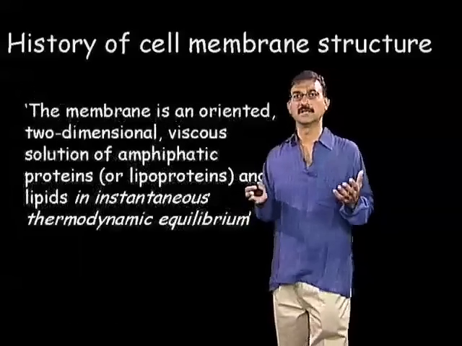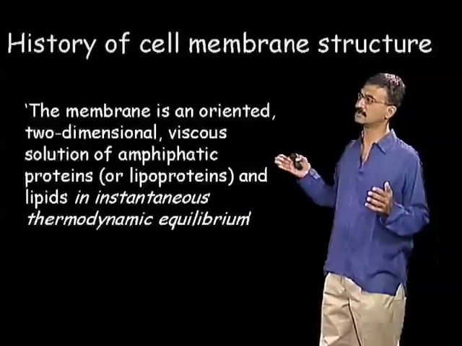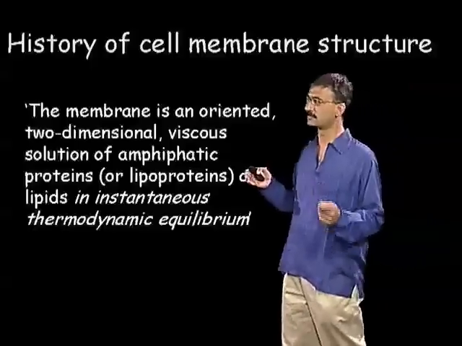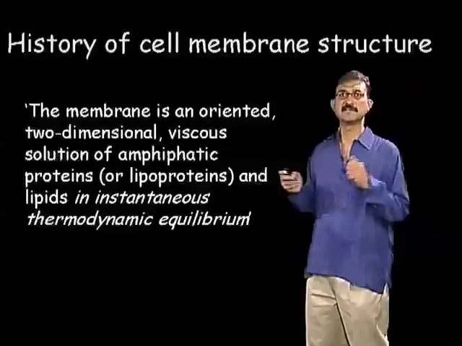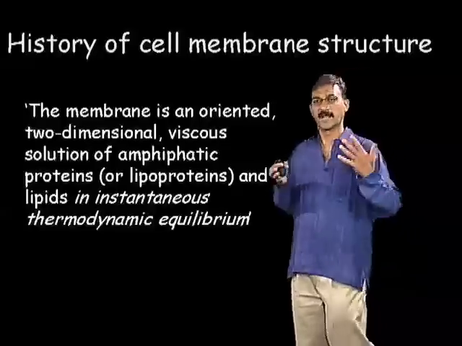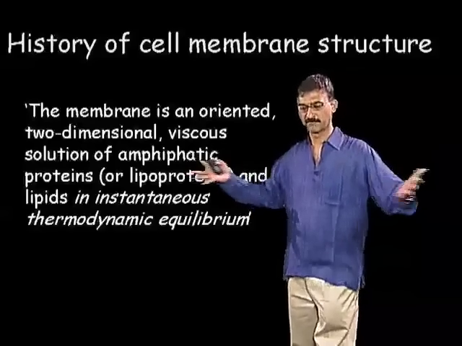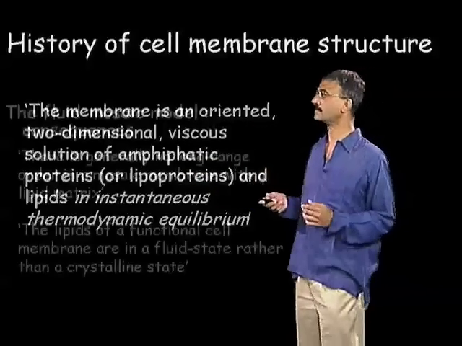Well, the model states that the membrane is an oriented two-dimensional solution of amphipathic proteins or lipoproteins, and lipids are in instantaneous thermodynamic equilibrium in this system. So it's a model about a passive fluid in which lipids are in fact dissolved.